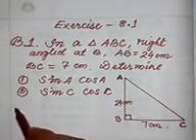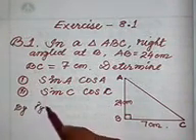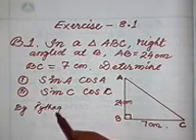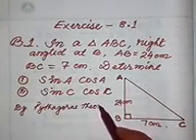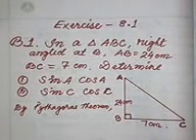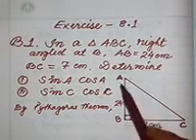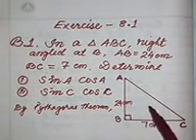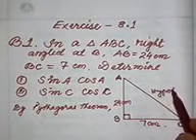So by Pythagoras theorem, what is Pythagoras theorem? Okay, in a right triangle, this is the hypotenuse which we have discussed already.